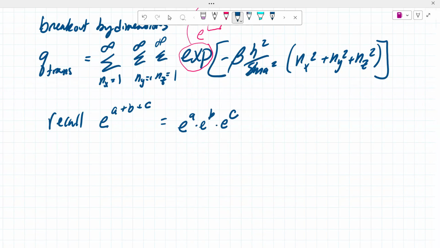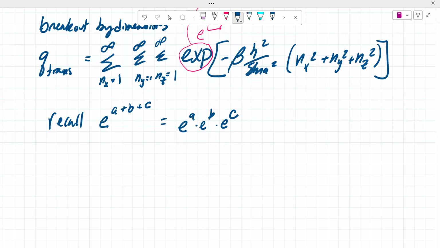So this is kind of an interesting thing. What this doesn't mean is e to the a plus e to the b plus e to the c equals the product of them. This means e to the sum of some things can be broken out into e to the a times e to the b times e to the c. Okay, just make sure you got that.